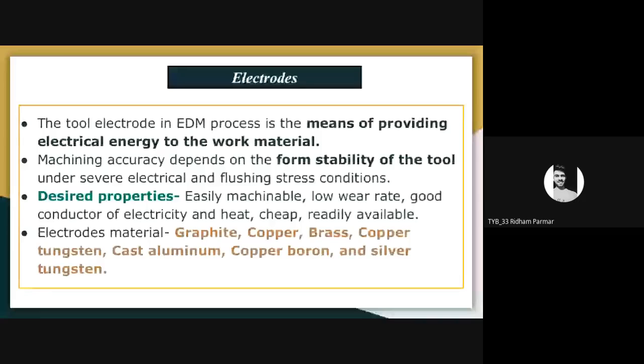Then the other materials are cast aluminum, copper boron, and silver tungsten. So these kinds of electrode materials you can use.